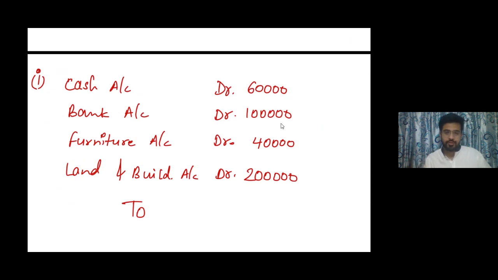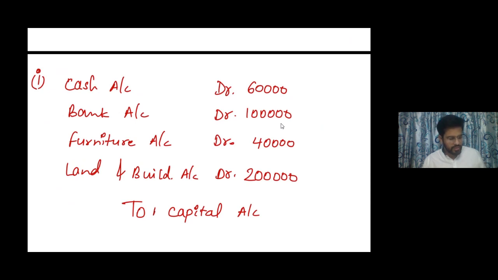So if you have to return something, you will feel bad. You will feel bad means credit. That means credit the giver. Who is the giver in this case? The personal account, that is the proprietor's capital account. We don't know the name of the proprietor right now because it is not given in the question. So we will just do it to capital account.